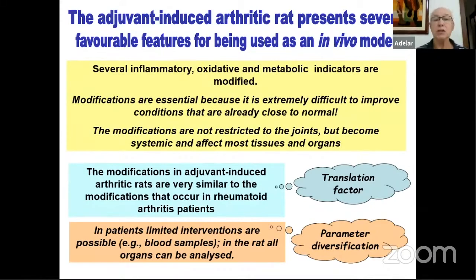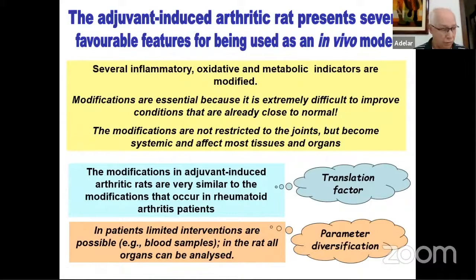This is because it is extremely difficult to improve conditions that are already close to normal. The modifications in these arthritic rats are not restricted to the joints, but they usually become systemic and affect a lot of organs and tissues.